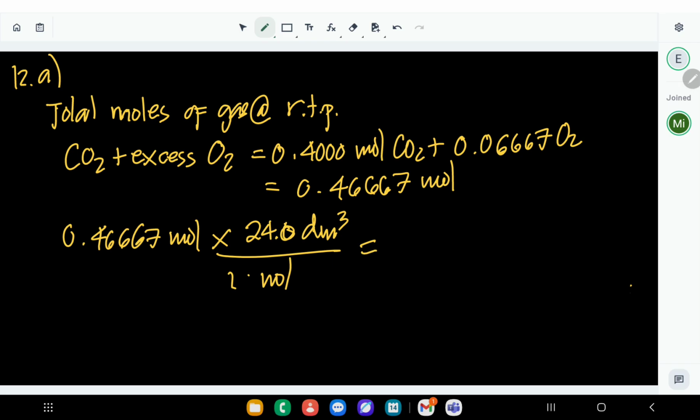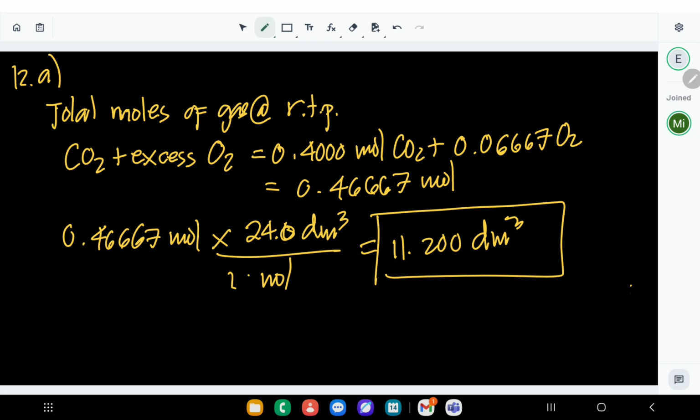So I'll calculate that, 11.200 cubic decimeters. So this is now the final volume of the mixture of gases at room temperature and pressure. So from your paper, the answer should be letter B.